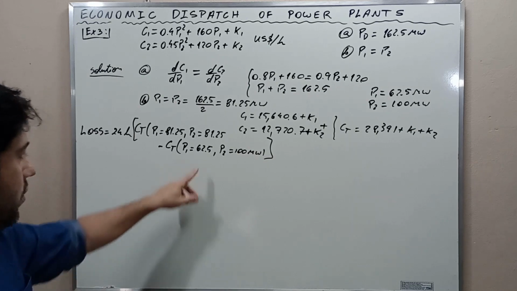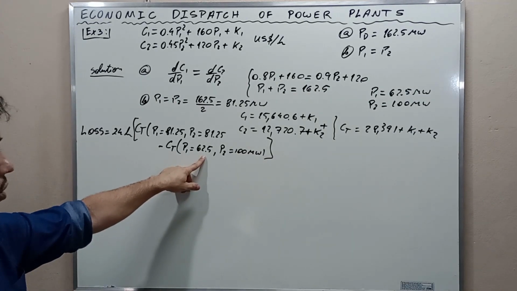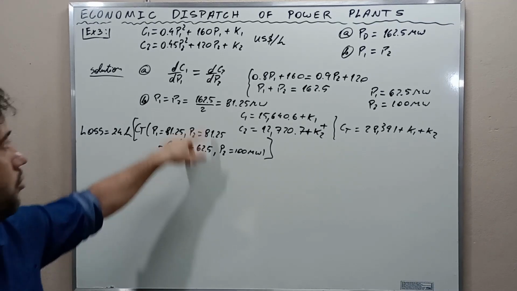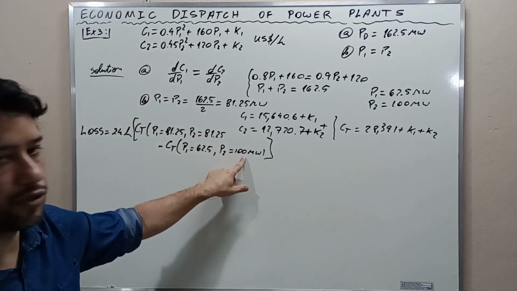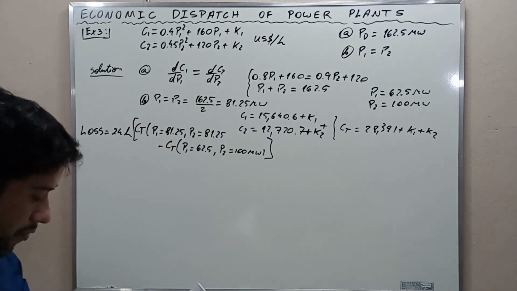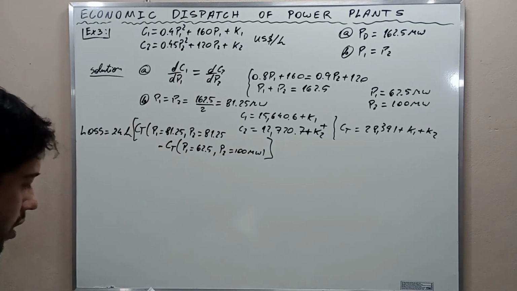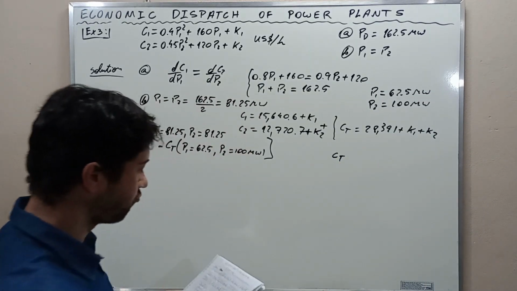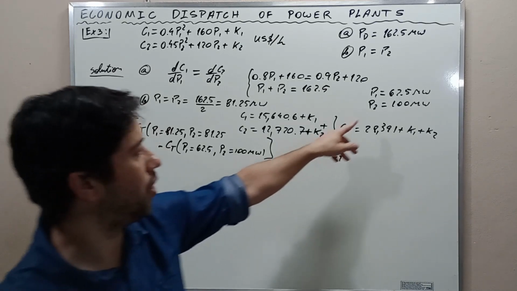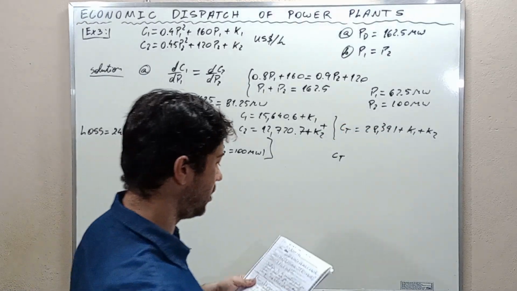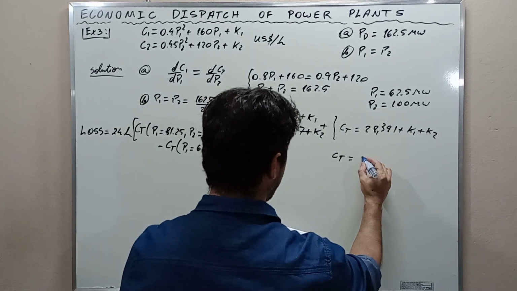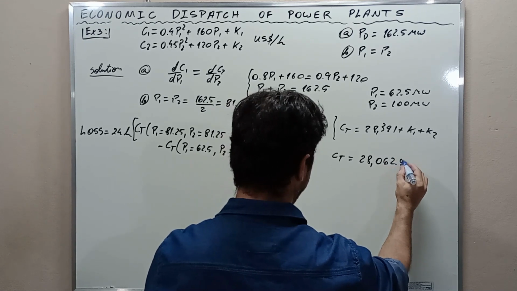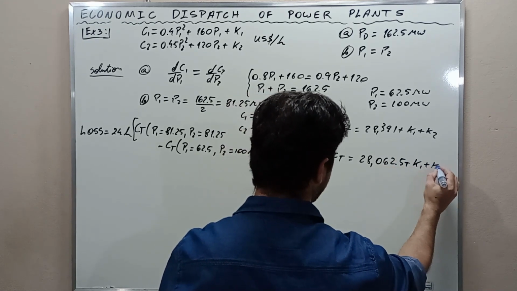Now, calculating the total cost for the optimum allocation, we simply substitute 62.5 here and we substitute 100 here, and we find that CT for the case when they are optimally dispatched is 28,062.5 plus K1 plus K2, okay?